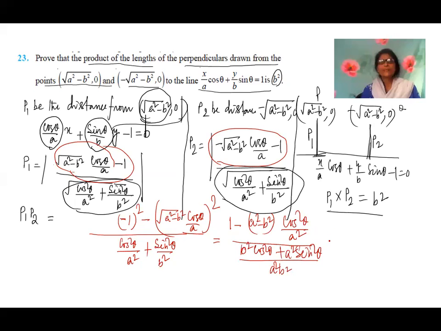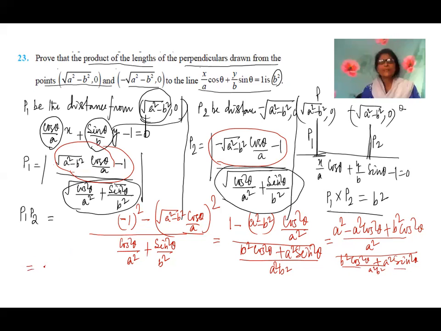Now we need the simplification of the numerator. The numerator will be (a² − a² cos² θ + b² cos² θ)/a², and the denominator as it is, (b² cos² θ + a² sin² θ)/(a² b²).